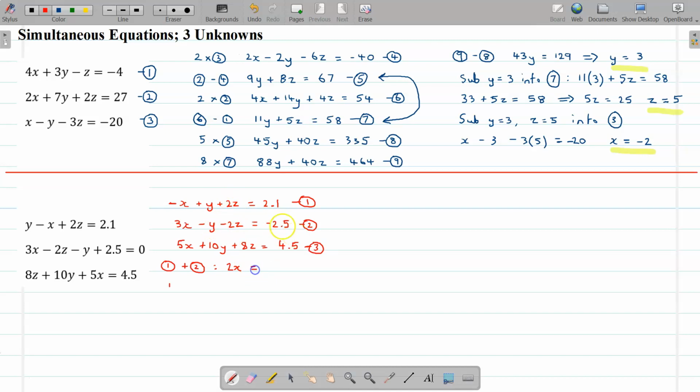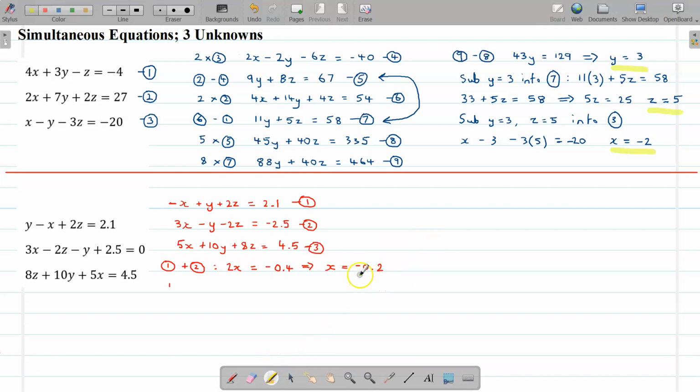So 2x must be 2.1 minus 2.5, which is negative 0.4, which means that x must be negative 0.2. Okay, as simple as that. So that's a very quick solution to get us started with.